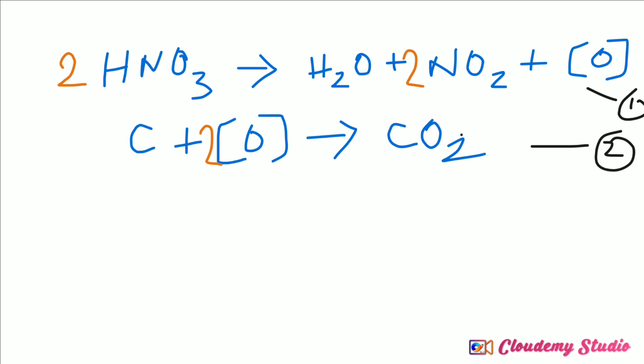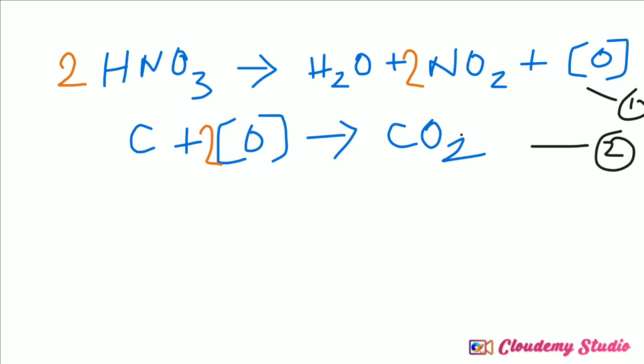Therefore, what has to be done? In the first step, nascent oxygen also must be 2 moles. So this nascent oxygen in the first step has to be multiplied by 2 times. But when we multiply at only one place, the value will change.